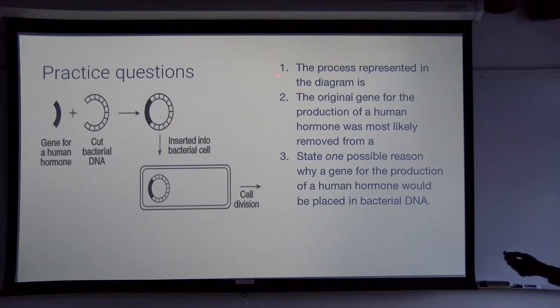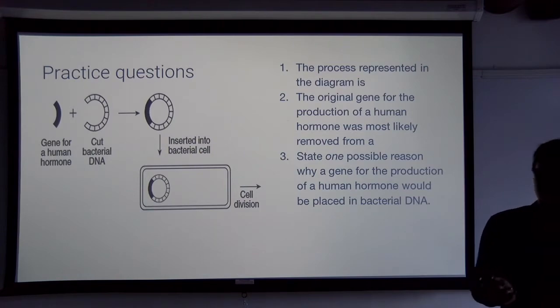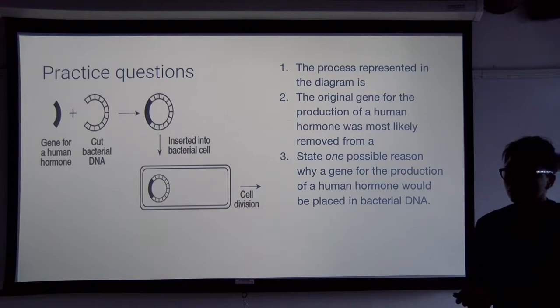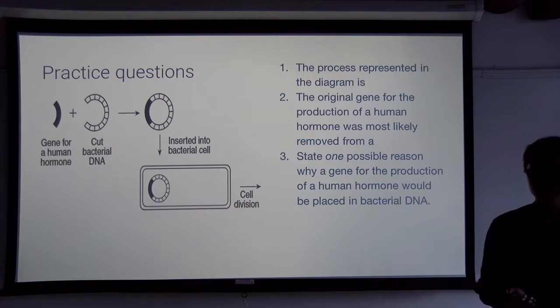Okay, so let's take a look. The process. What's the name of the process being done? What do you guys have? Did you do any of the gene splicing? All right.